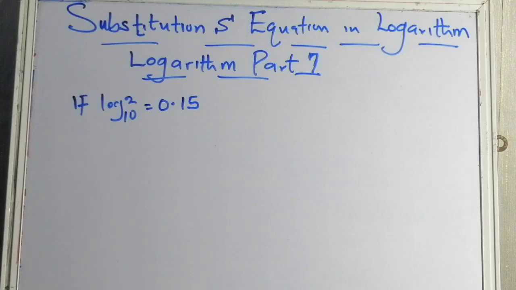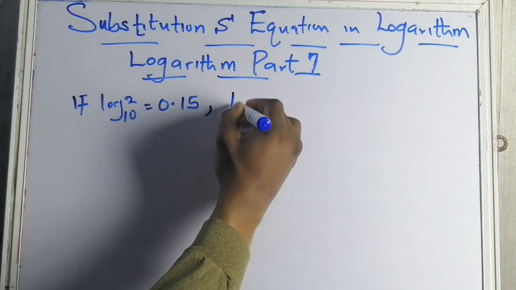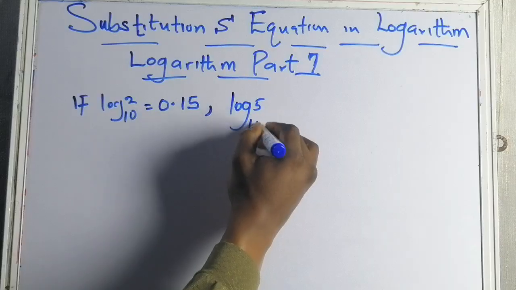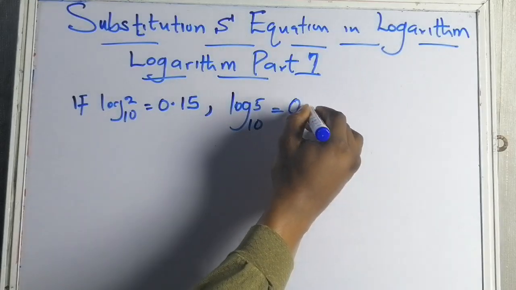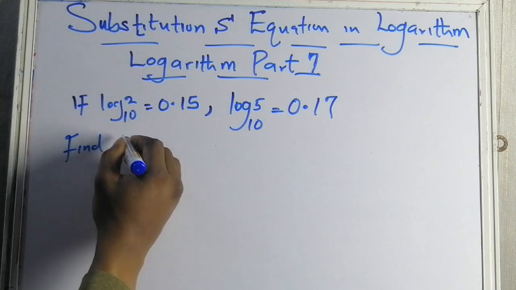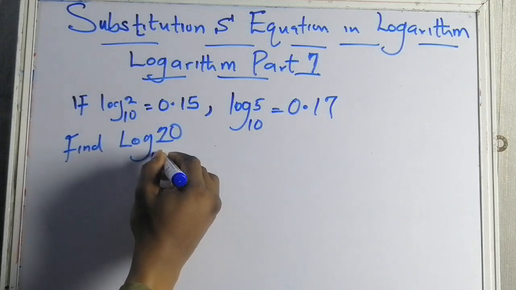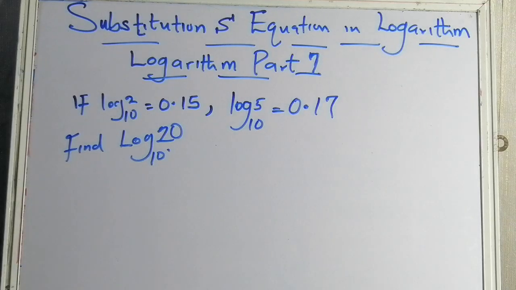If log 2 base 10 equals 0.15, and at the end of the day, they give you, let me say, log 5 base 10 equals, let's say, 0.17. They can now say find log 20 base 10. It's as simple as that.